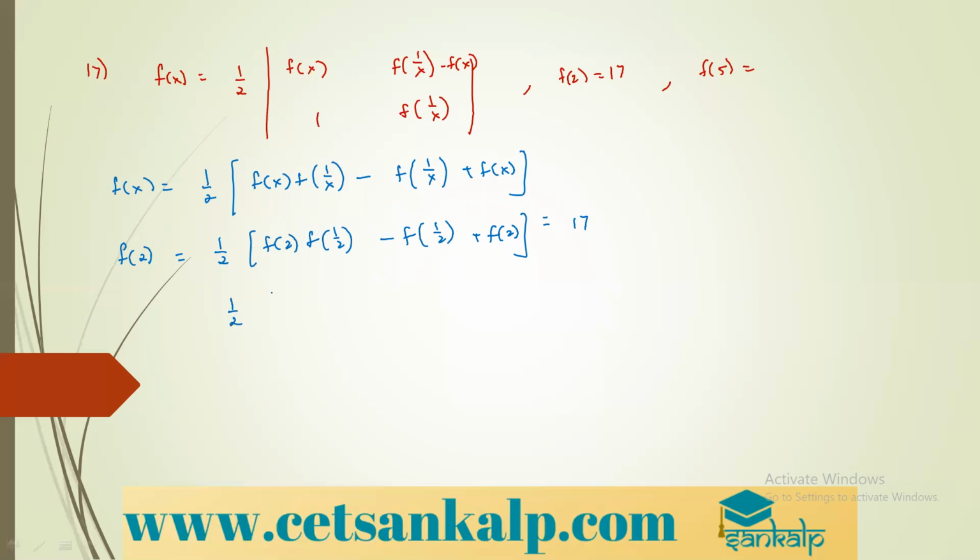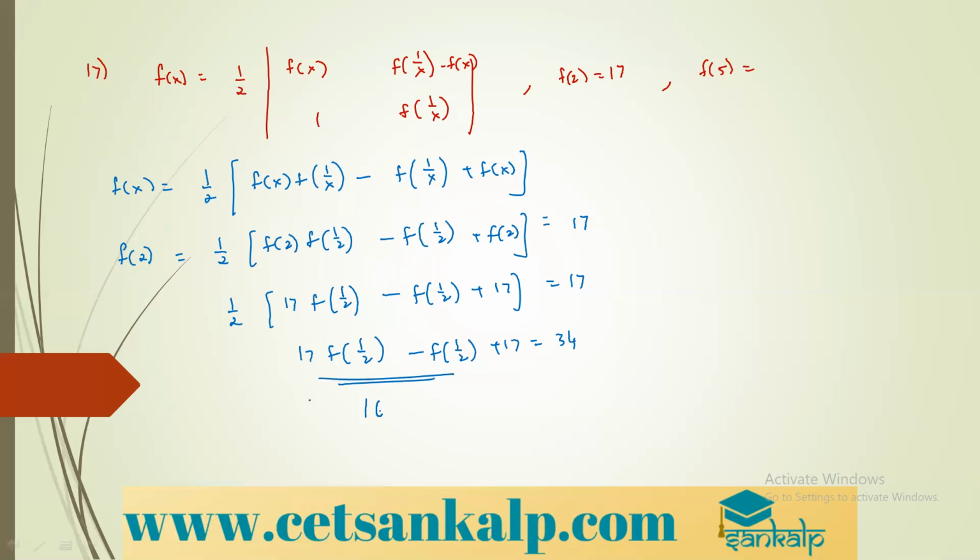So I can write f of 2 as 17: 17 into f of 1 by 2 minus f of 1 by 2 plus 17 is equal to 17, or 17 into f of 1 by 2 minus f of 1 by 2 plus 17 equal to 34. When I combine this, 16 into f of 1 by 2 equals 34 minus 17, which is 17. So f of 1 by 2 is 17 by 16. This is what I got.